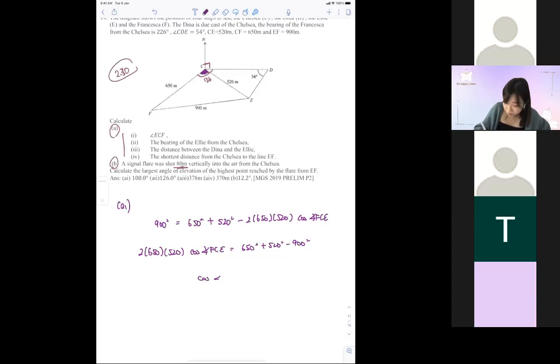Times, bring over divide. The last thing you need to do is cosine, bring over cosine inverse.